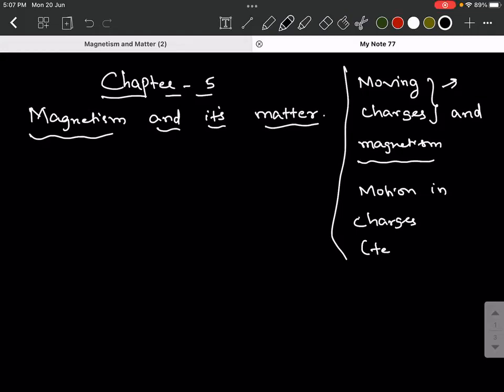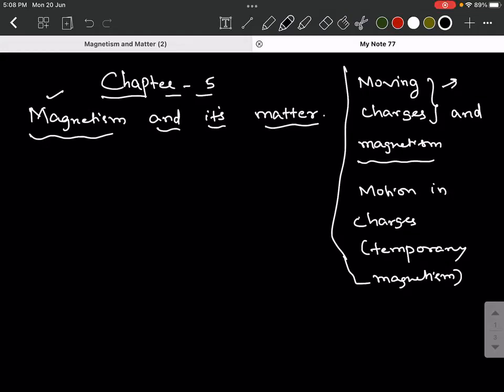And that kind of magnetism, we can call it temporary magnetism. Whereas, materials can have permanent magnetism also existing within them, right?